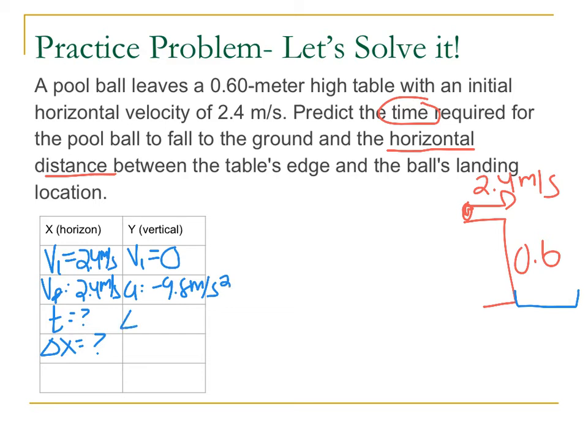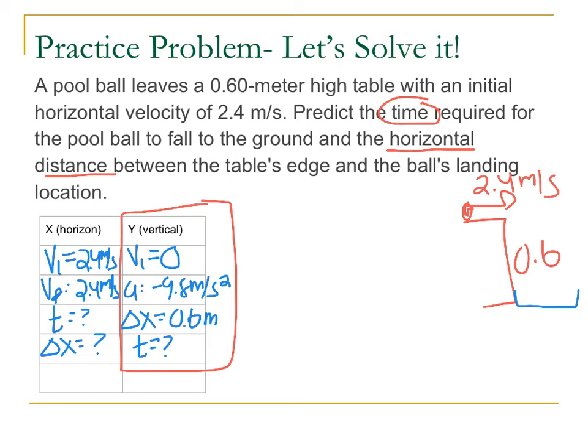I also know that my delta y is 0.6, and I'm looking for my time. Alright, so at this point I have all my knowns and unknowns in my x and my knowns and unknowns in my y. Because I know more in my y, we need to get started with this first.